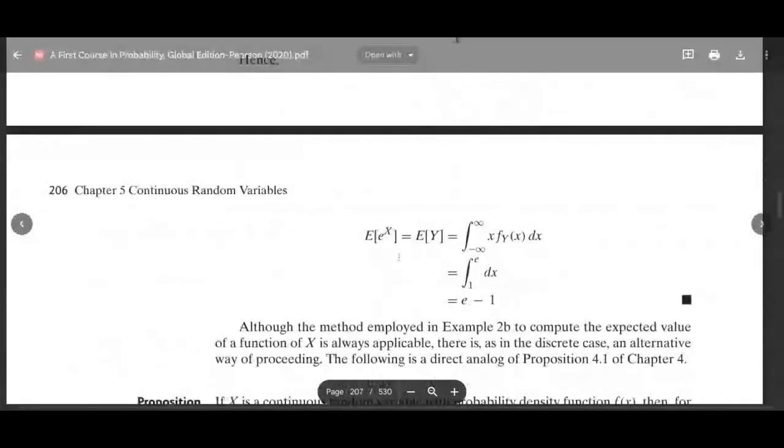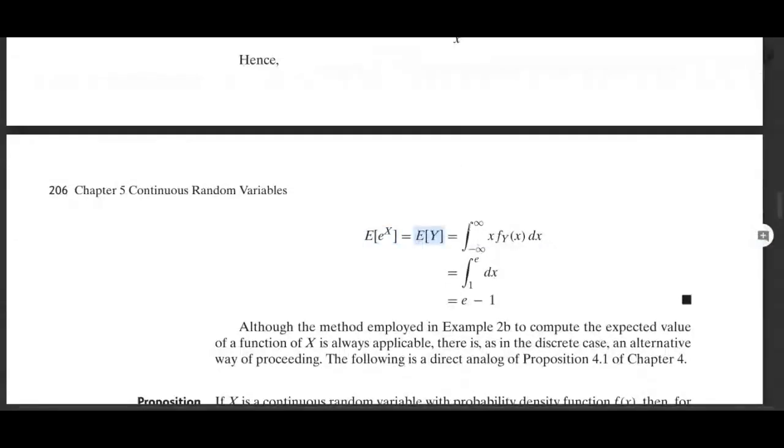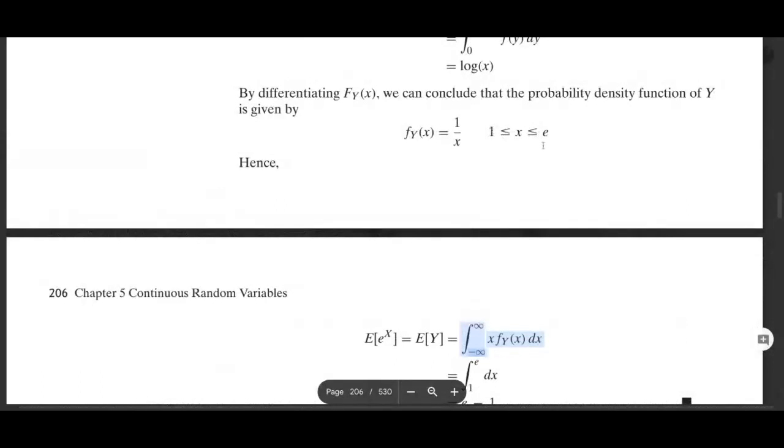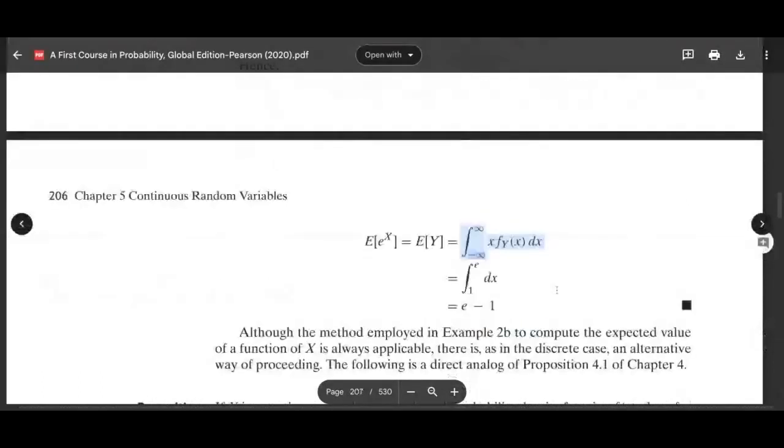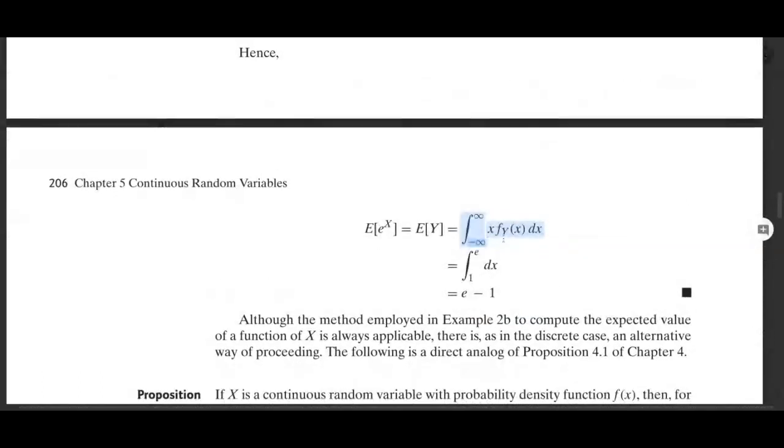Okay, let's finish it. We want to find the expected value of that, which means we define y. By definition, that's the integral from negative infinity to infinity of x times f of y. But y is in between 1 and e. So we have x times 1 over x.